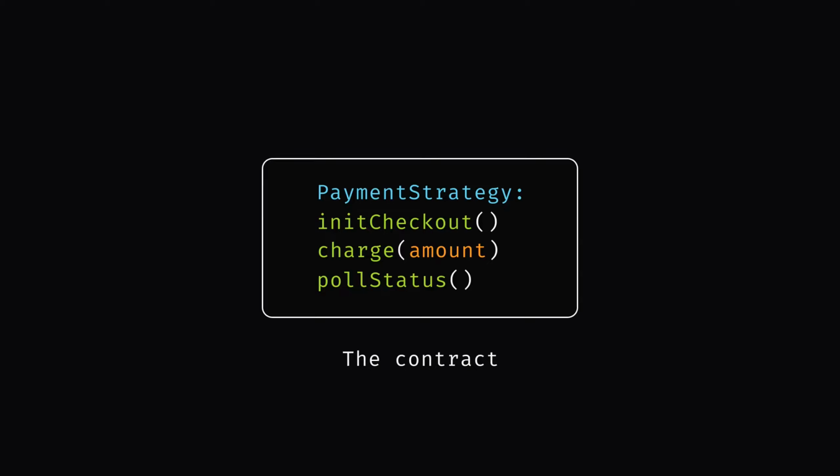Init checkout sets up whatever the provider needs before money moves, a session, a token, a redirect, or whatever. Charge actually initializes the payment charge, and poll status checks whether it went through. Because for some providers the answer isn't immediate, for example bank transfers. That's it. Nothing about how any of those work internally, just that they have to exist.